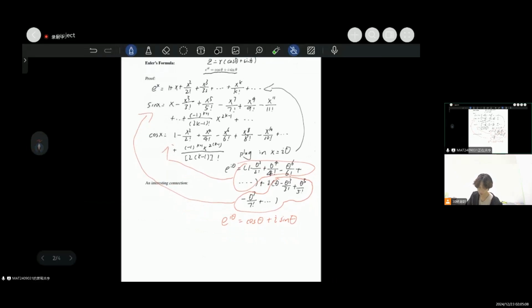And then we'll talk about an interesting connection using Euler's formula.